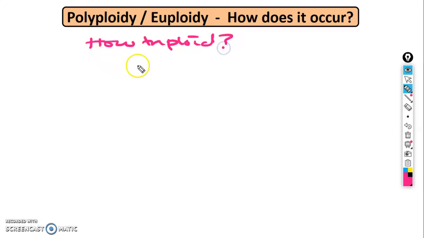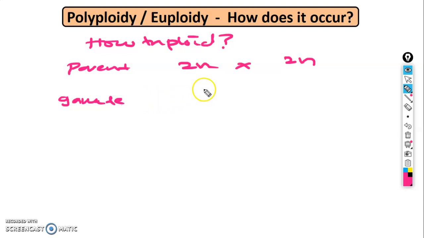First, here we have the parents, both of which are diploid. If non-disjunction occurs in one parent during formation of gametes, for example, this parent undergoes non-disjunction and produces a 2N gamete, while the other is a normal gamete, they will produce an F1 generation which is 3N, and this becomes a triploid individual with a triploid number of chromosomes.